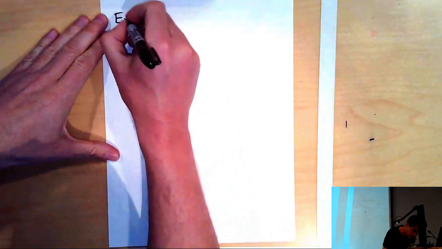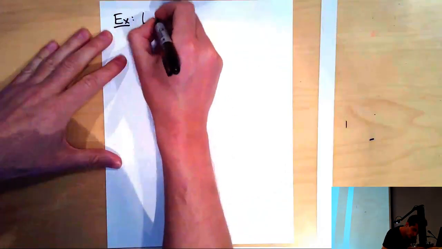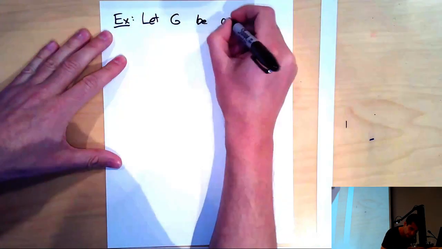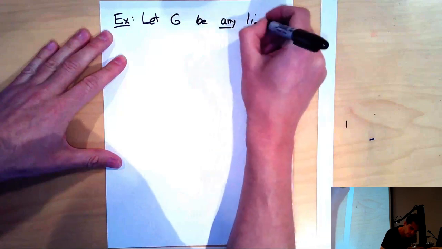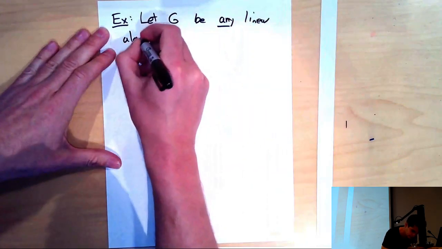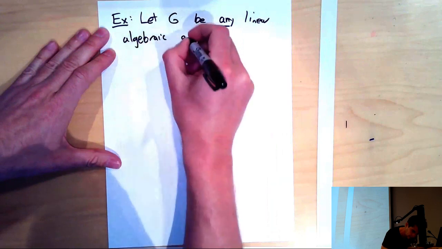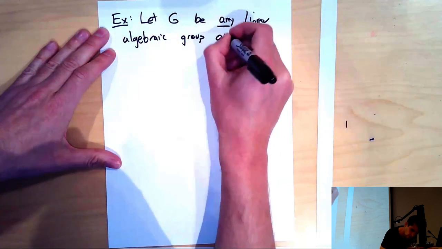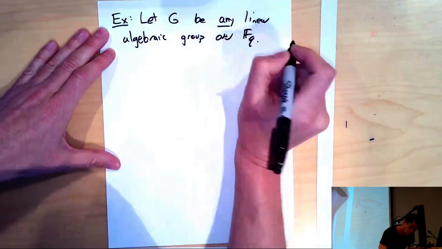Okay, so this is what happens when the cohomology ring of Y is a polynomial ring. And that doesn't happen for algebraic varieties, but it does happen for certain algebraic stacks, including the ones that I mentioned earlier in this lecture. So now let G be any linear algebraic group over the finite field Fq.